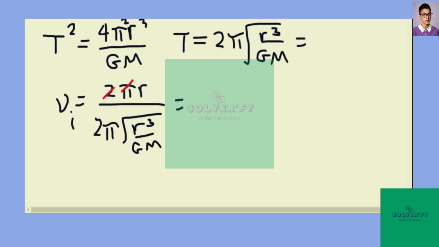The 2 pi cancels out. This and this cancel out. 2 of the r's in the denominator cancel out. And so it is the square root of GM over r, which I probably could have just written down without going through this. But anyway, square root of GM over r.